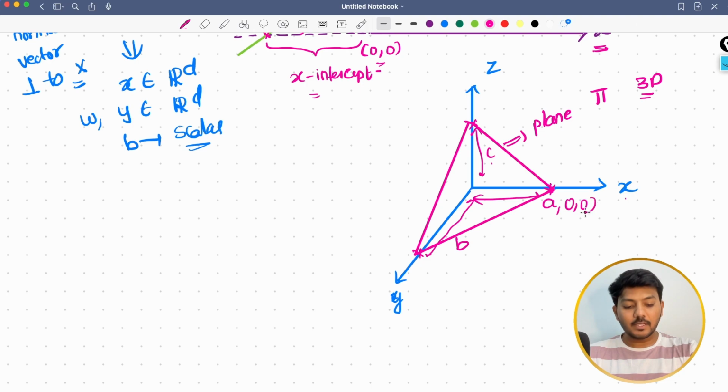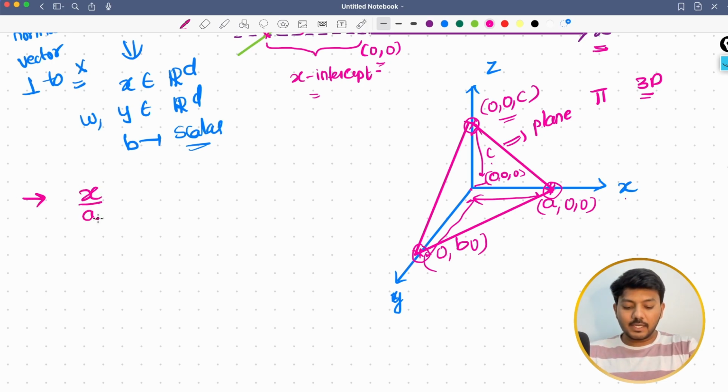So the points are a comma 0 comma 0, 0 comma b comma 0, and 0 comma 0 comma c, right? I have a plane going through the 3-dimensional axes, and we have the points in which the plane meets all of these axes. And this is the origin, 0 comma 0 comma 0. In the standard form, the equation of the plane would be x by a plus y by b plus z by c equal to 1.